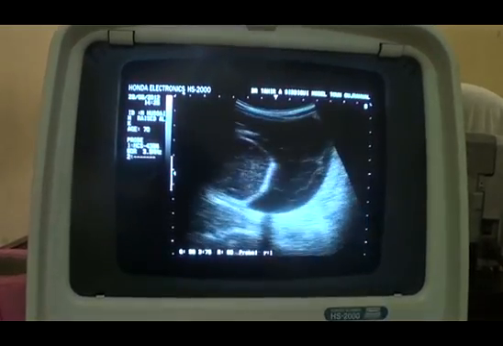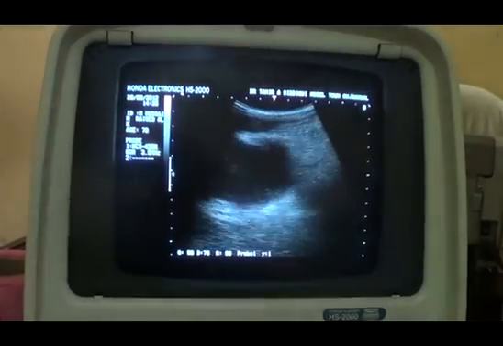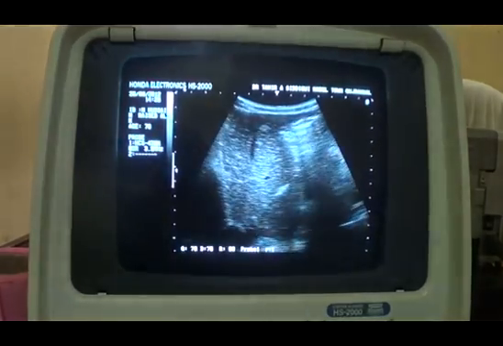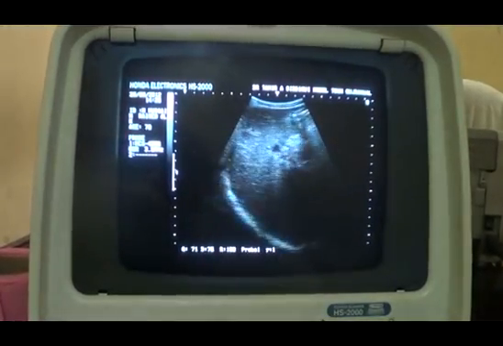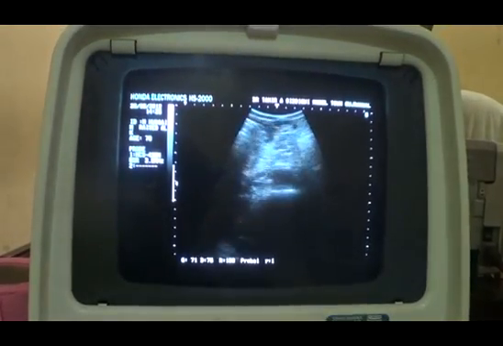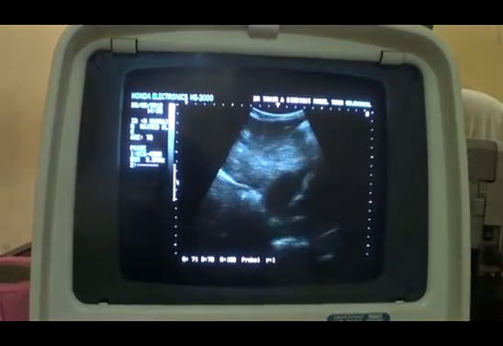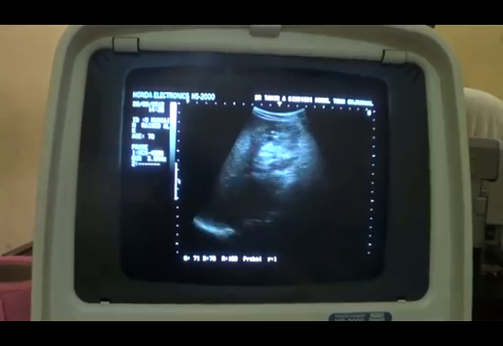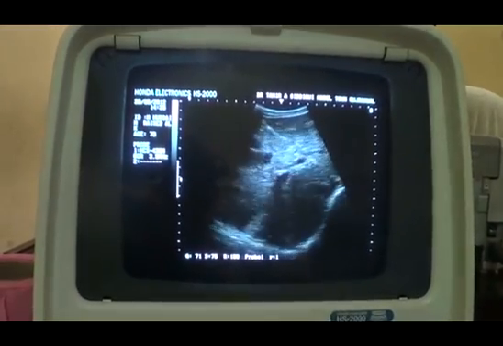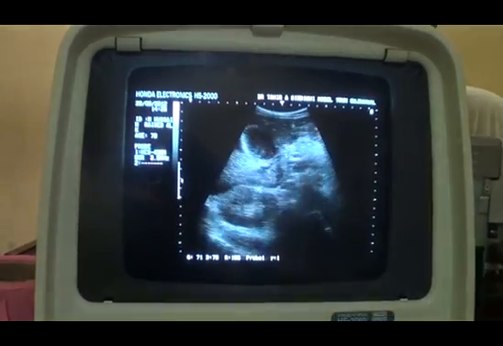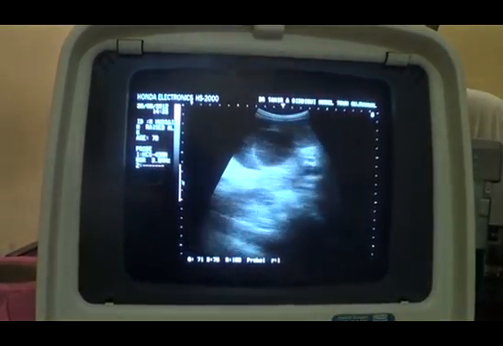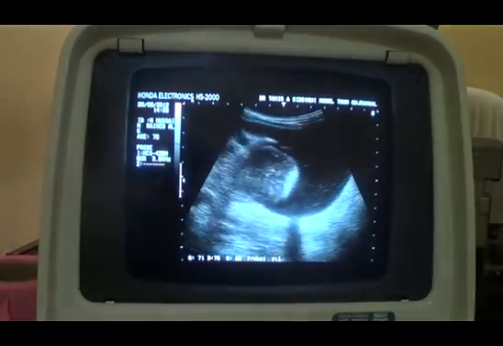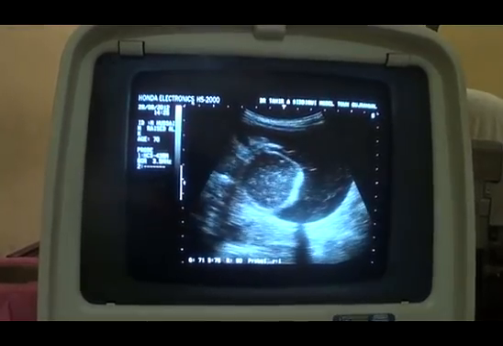Now this fluid pocket is seen extending into the, it does not cross the midline. Now this fluid pocket is rather extending into the lesser sac.